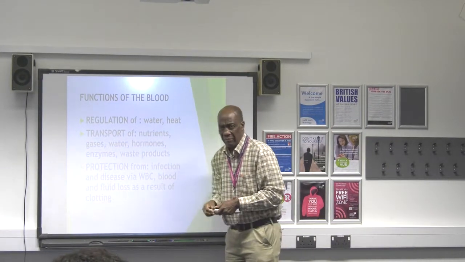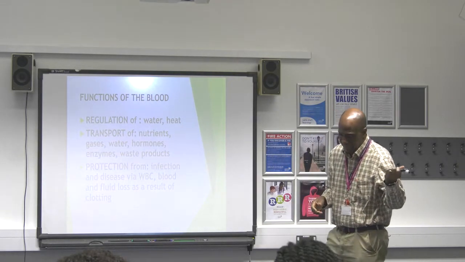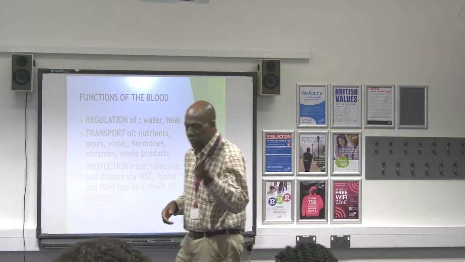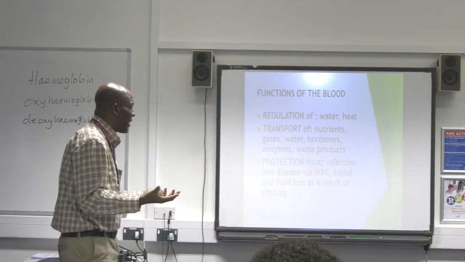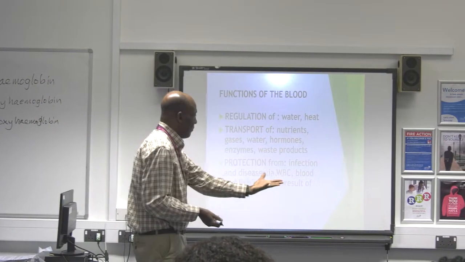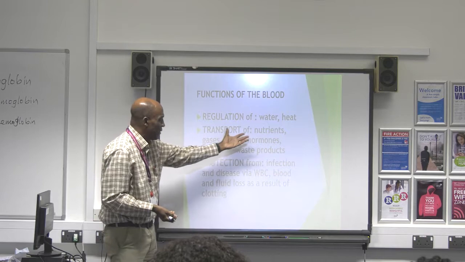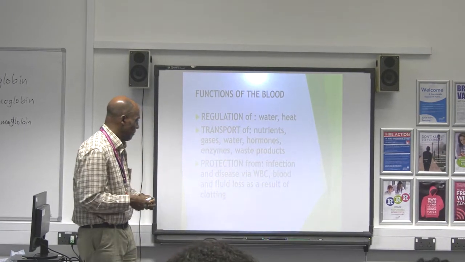Then transportation. Our blood transports the nutrients from the food we ingest. So after digestion, the nutrients which the body needs end up in the bloodstream, and then they are transported to all parts of the body for the body to utilize.